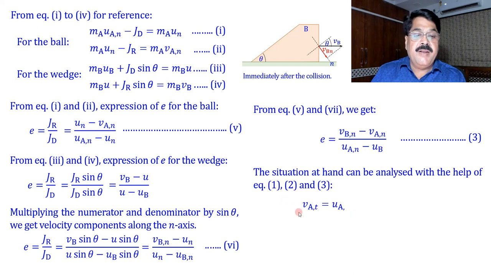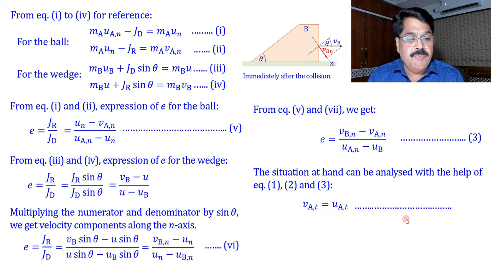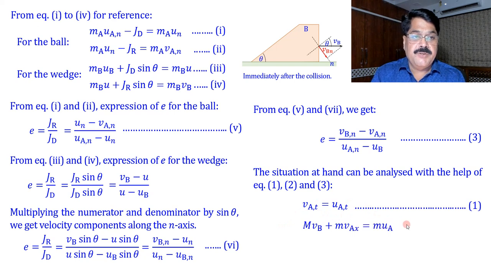We are again rewriting the equations. VAT is equal to UAT, continuity of the tangential component of the velocity of the ball: equation 1. Equation 2, momentum conservation in the horizontal direction: M VB plus small m Vx is equal to small m Ux plus M UB, the x component of momentum after the collision and before the collision.